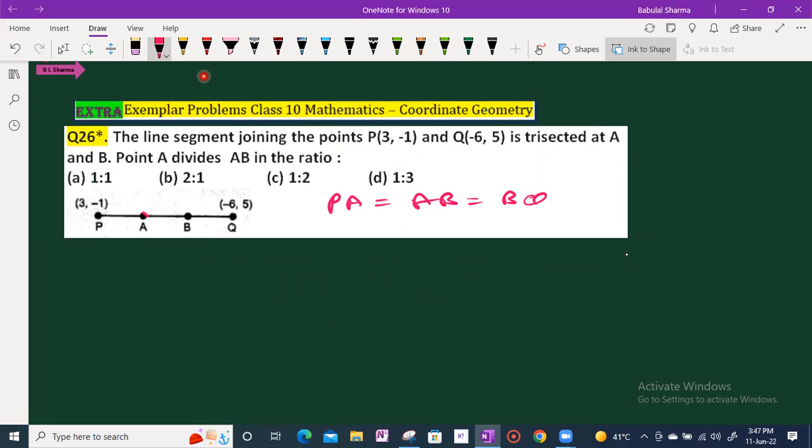So A divides in the ratio, 1 part is this side and 2 part is this side. So A divides in the ratio 1:2. देखिए एक पार्ट इधर है और 2 पार्ट इधर है. So in this question, point A divides PQ in the ratio 1:2.